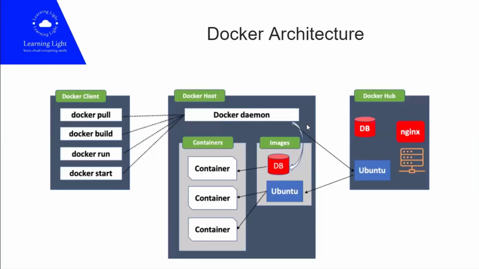If you see the Docker architecture, whatever we have done so far, we communicated with Docker Hub, and we had the Docker client, which pulls the images from Docker Hub, and with the help of the Docker daemon, we used that image to spin up containers.